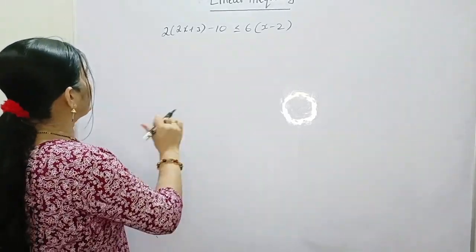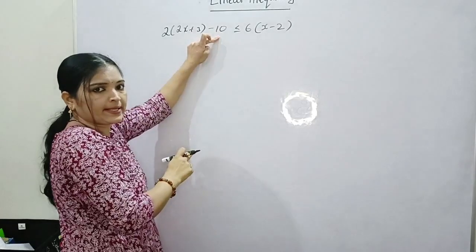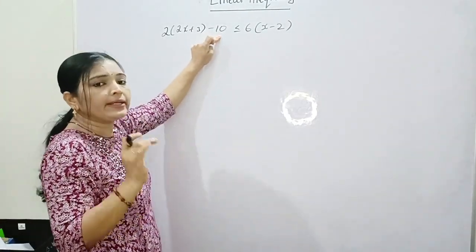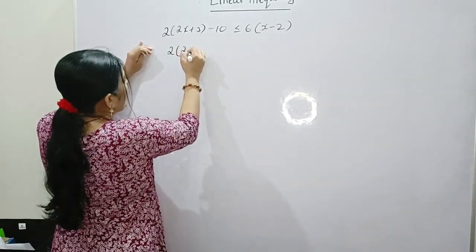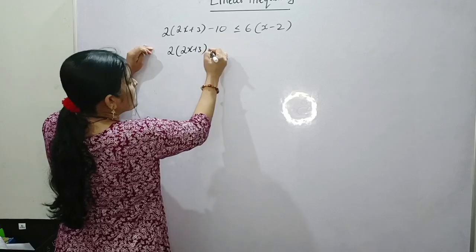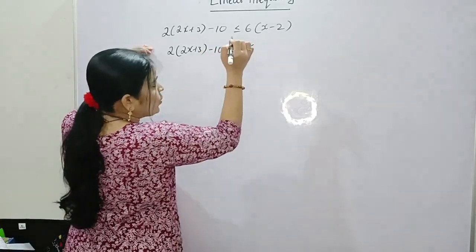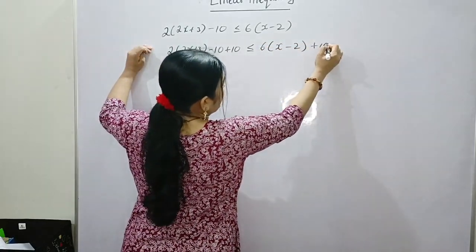First of all, let us remove minus 10. For that, how to remove? Add 10 on both sides. So 2 into (2x plus 3) minus 10 plus 10 less than or equal to 6 into (x minus 2) plus 10.